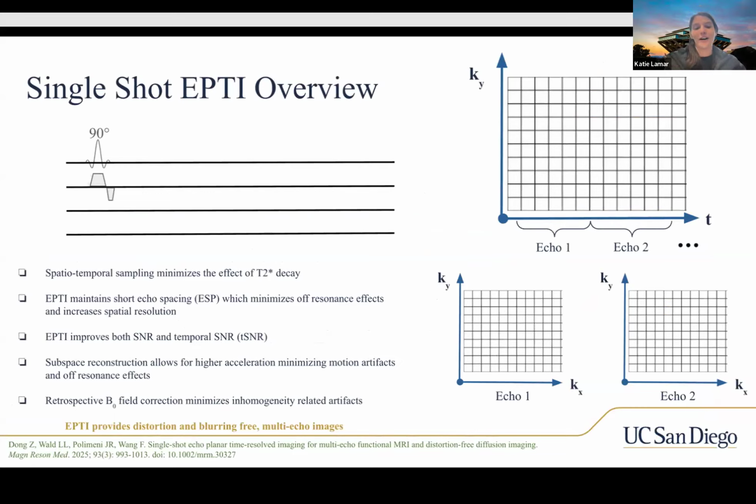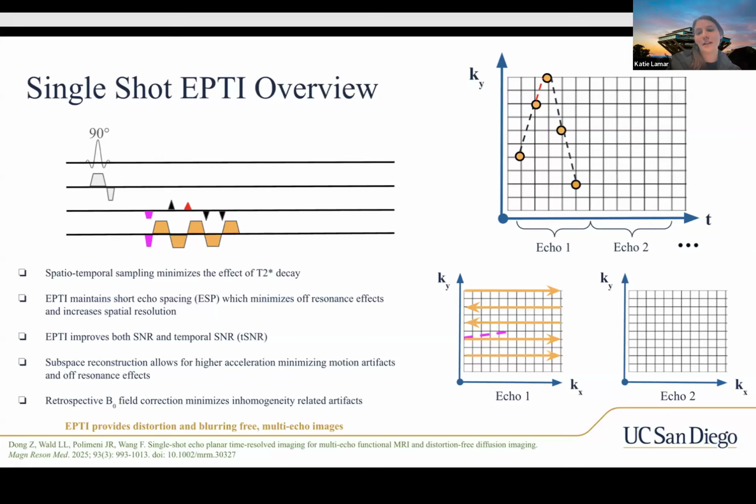It's able to do this by essentially highly undersampling the KYT space. I have a little animation here of how it works. The top right plot is the KYT, and then you have your KY, KX on the bottom two plots.